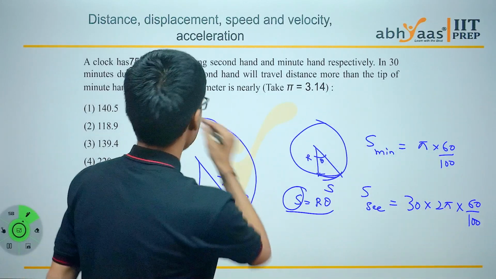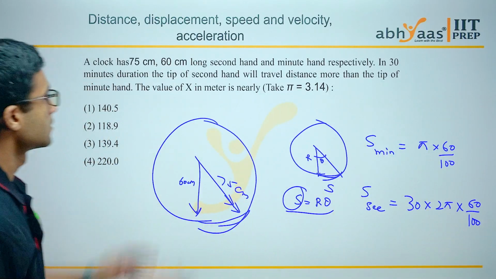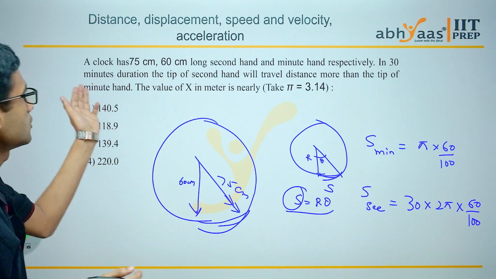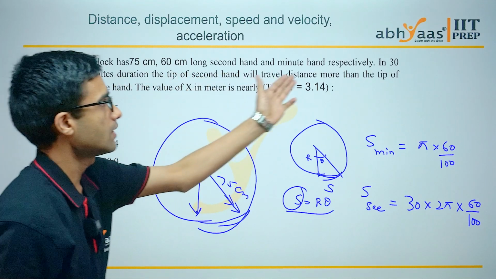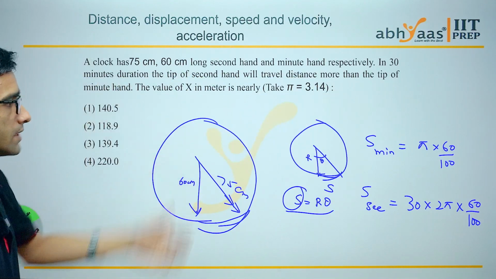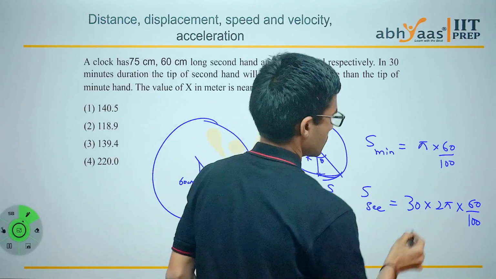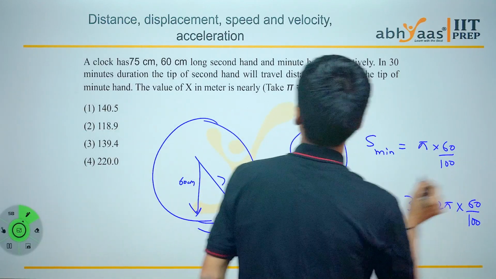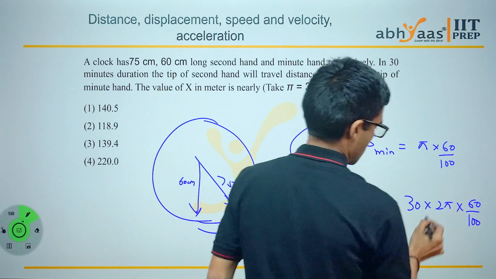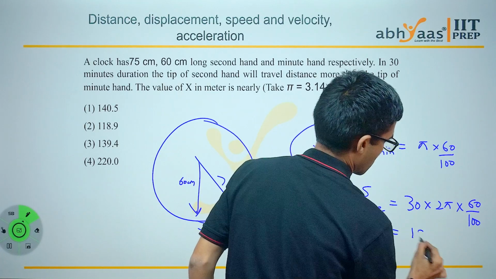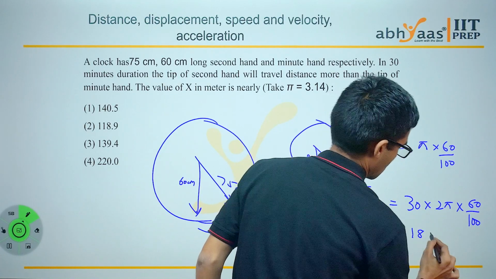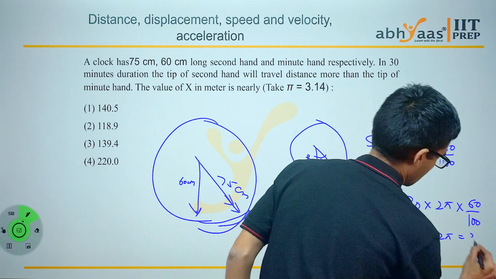Now what is being asked? The value of x in meters. In a 30 minutes duration, the tip of the seconds hand will travel more distance than the tip of the minutes hand by x. Here the pi value is 3.14. This is 18 into 2 pi, that is 36 pi.